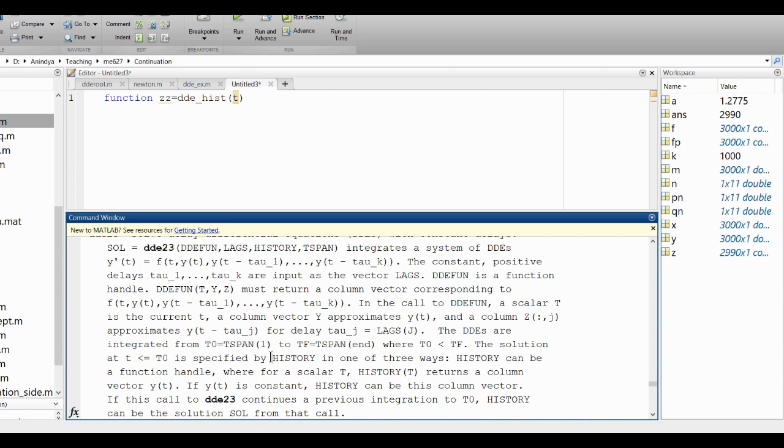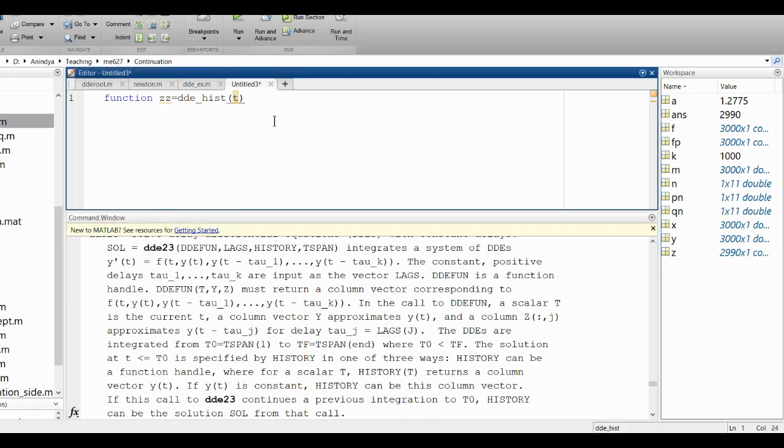History can be a function handle where for a scalar t it returns a column vector. So that's all it is. So we will take DDE history. Now we know that in our case it is a scalar. We can try 1. So it is a scalar, uniform input. Okay, so we can say zz equals 1. Just for the moment, we can try that.